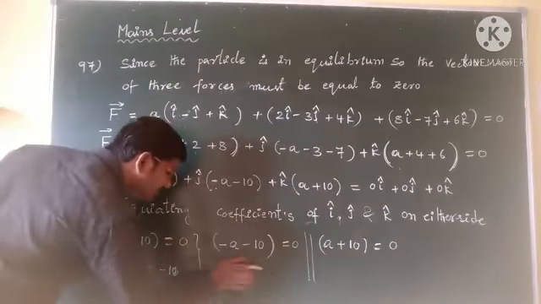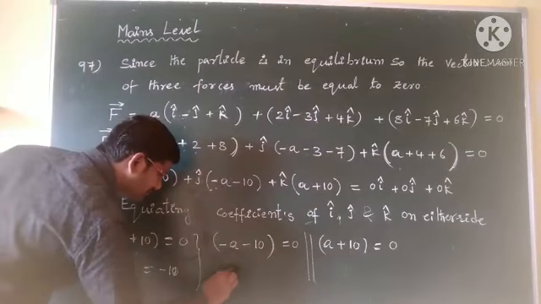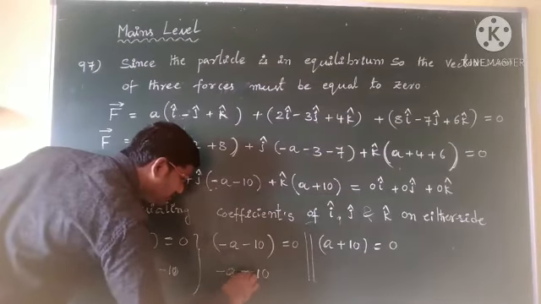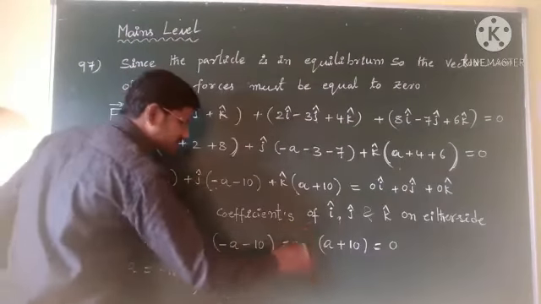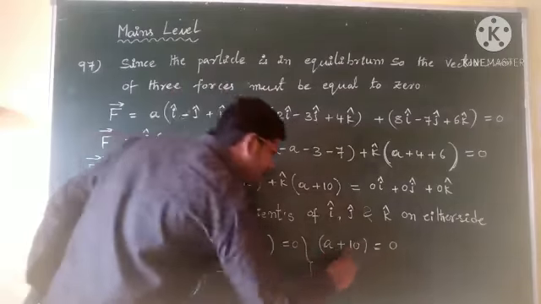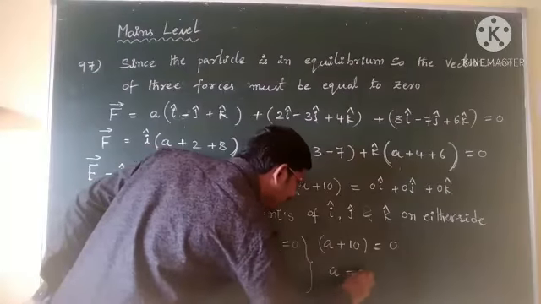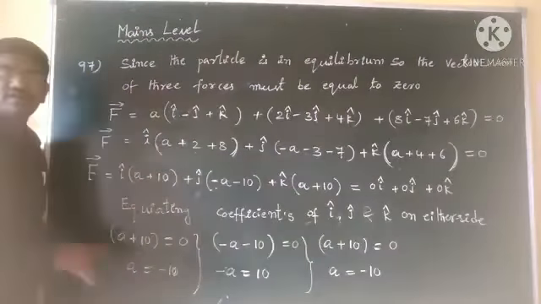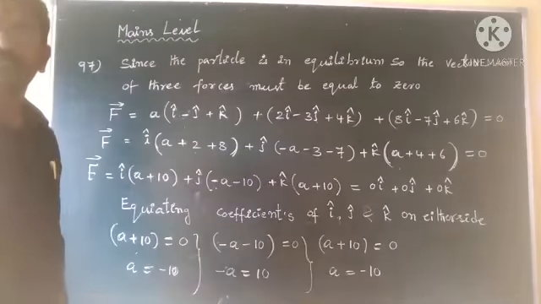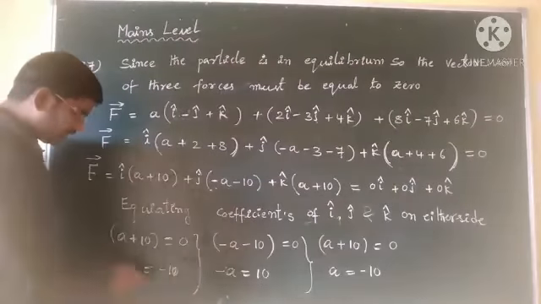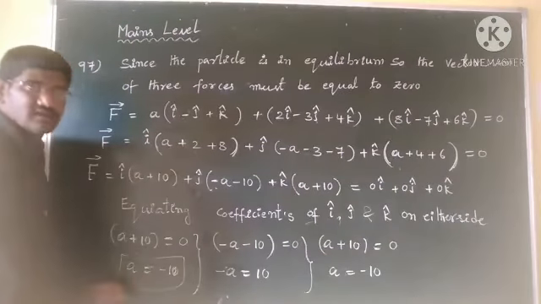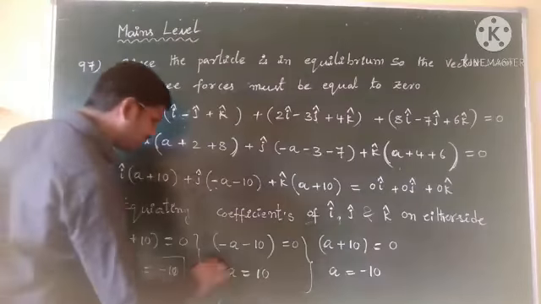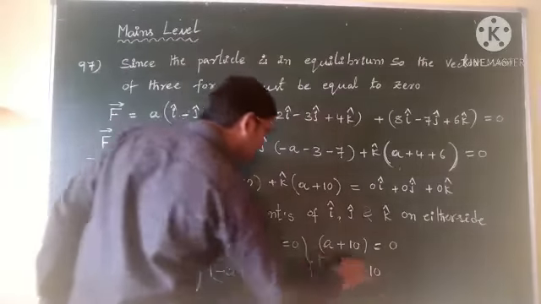Here also minus A is equal to 10, and here also A plus 10 is equal to 0, so A is equal to minus 10. They asked the value of A only, so we got the value of A as minus 10.